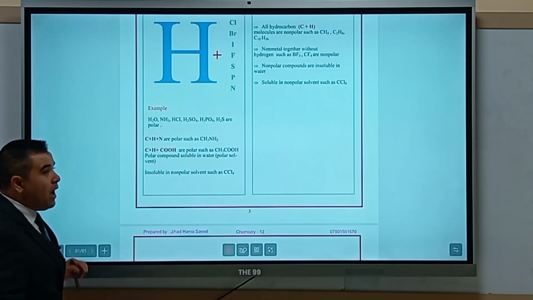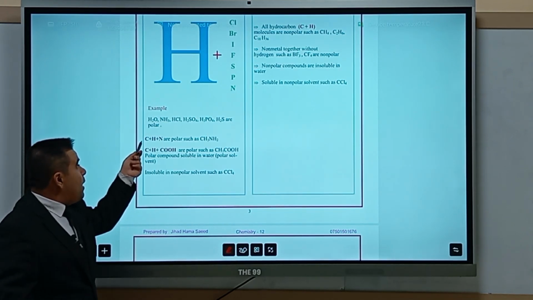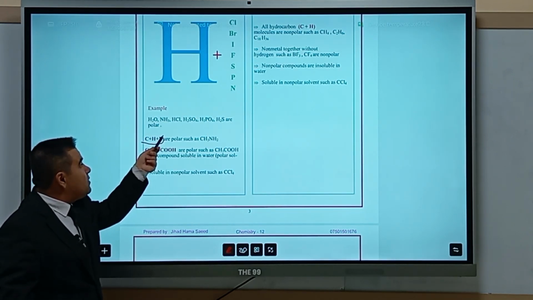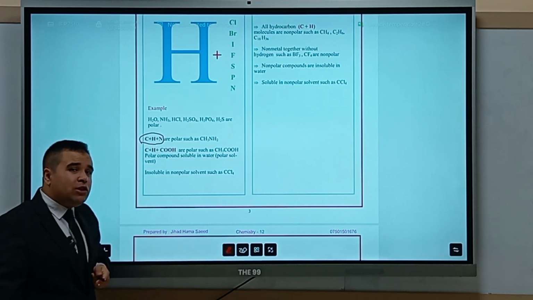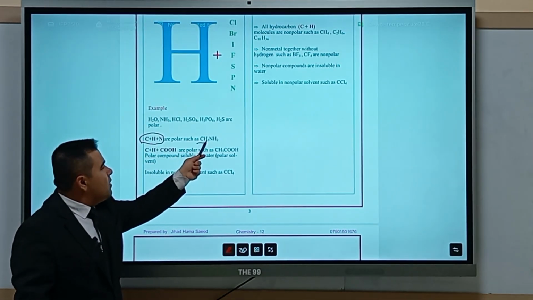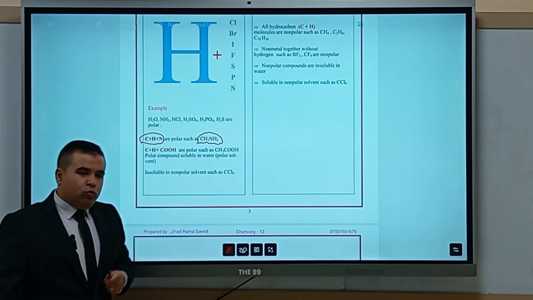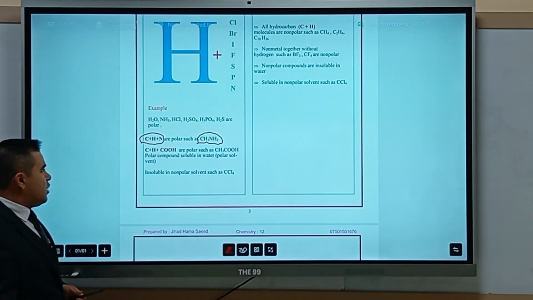Another tip for the polar molecular compounds is that whenever the compound contains atoms of carbon, hydrogen, and nitrogen, it results in a polar molecular compound like CH3NH2. This is methylamine. We will be talking about that in chapter 10.